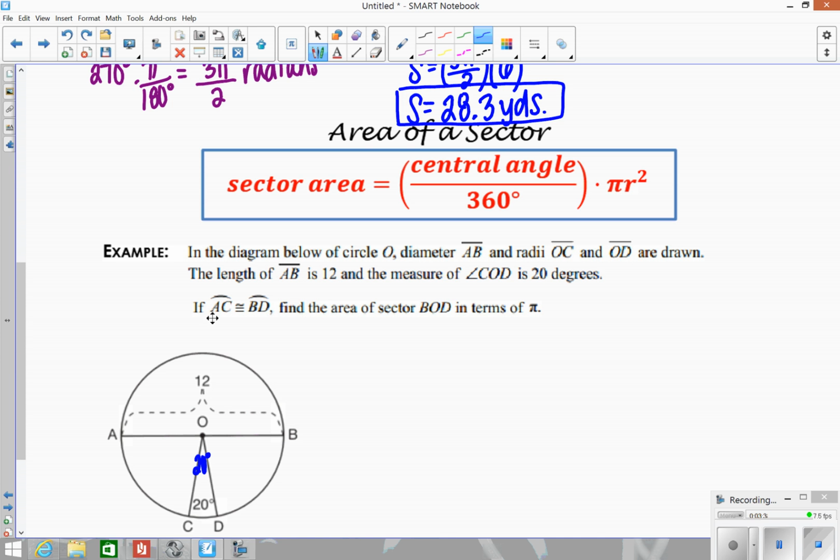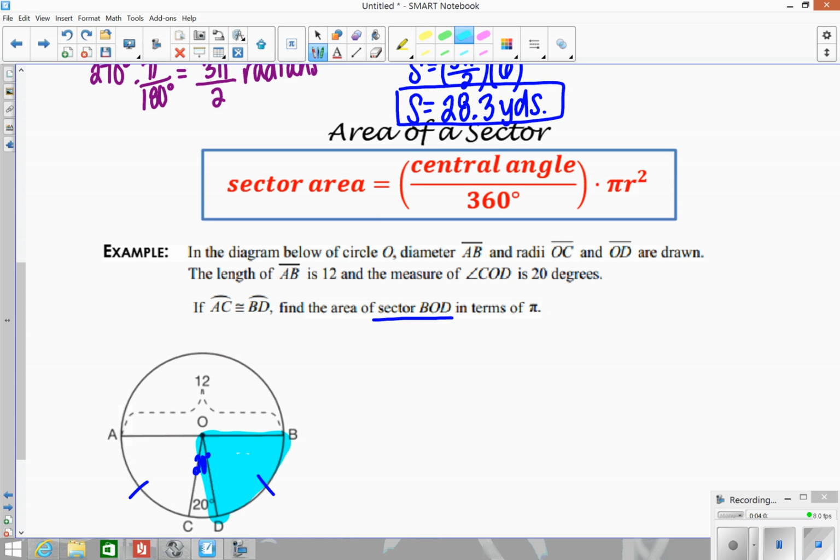If arc AC is congruent to arc BD, so I'm going to go ahead and mark that, find the area of sector BOD. Sector BOD is going to be this sector. It's this area that we're looking for, the area of that wedge piece.